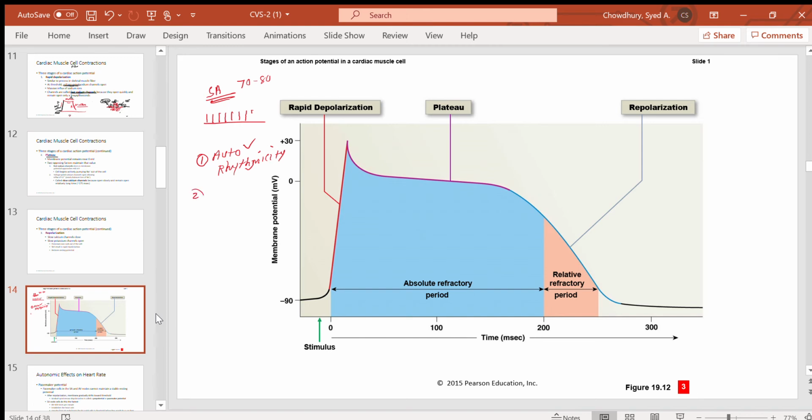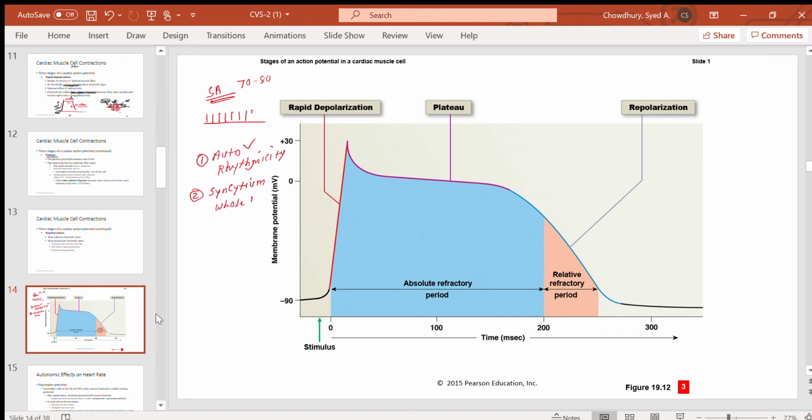Number two, another important property of cardiac muscle is the syncytium. I already explained it in the last lecture. Syncytium means whole unit. You remember that all cells are connected by gap junctions and attached by desmosomes.